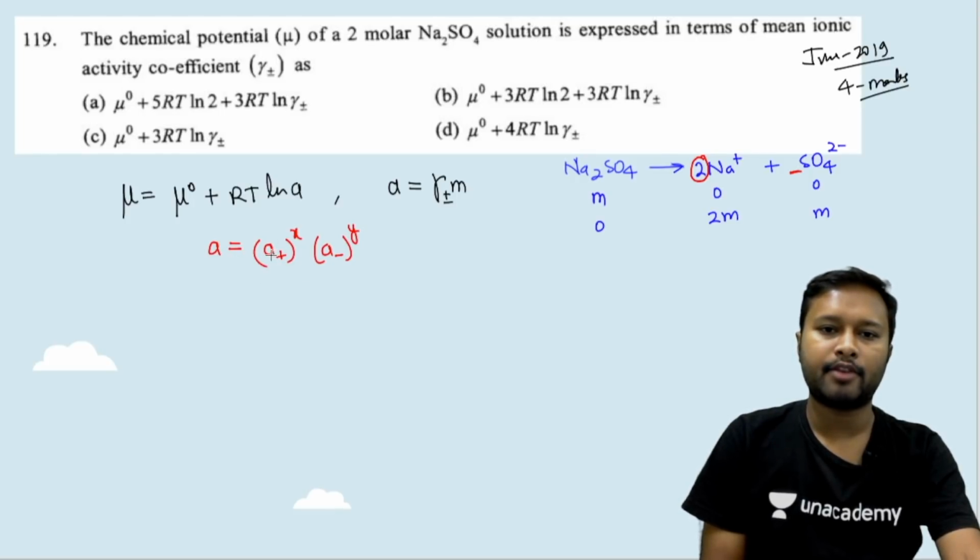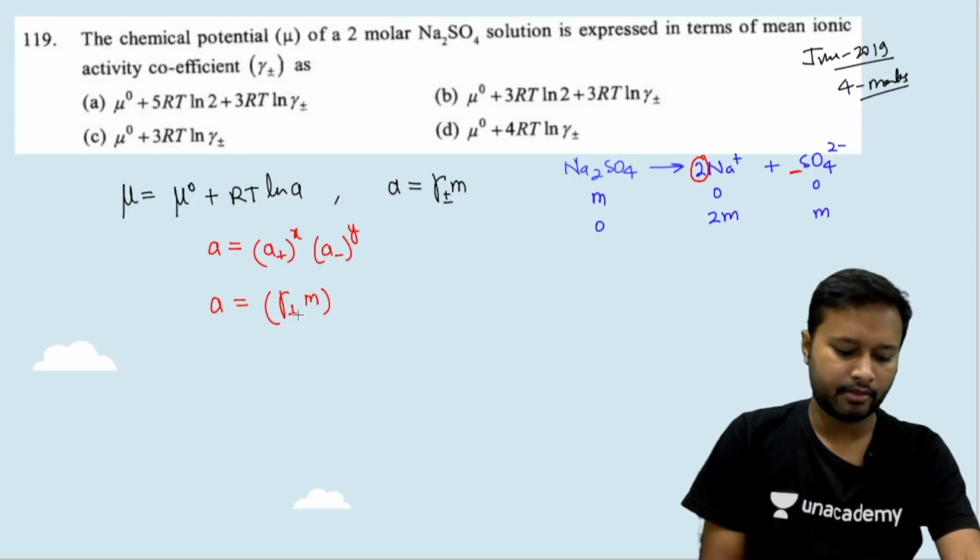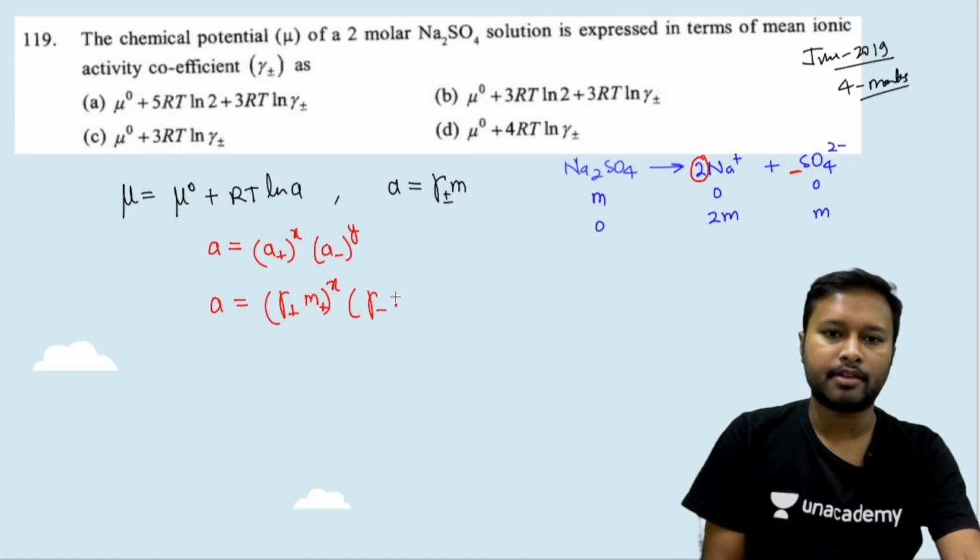Now if I put the values of a plus and a minus over here, a is equal to a plus, which can be written as gamma plus into m plus, that is the number of moles of the cation, to the power x, and this will be gamma minus and m minus to the power y.